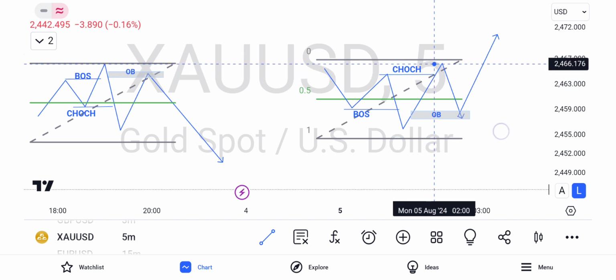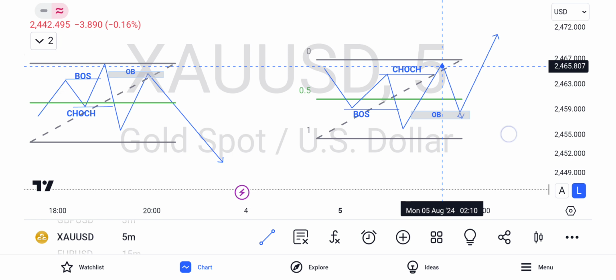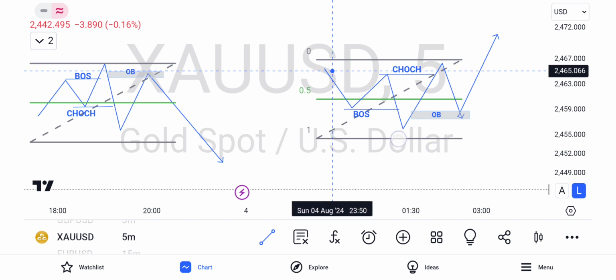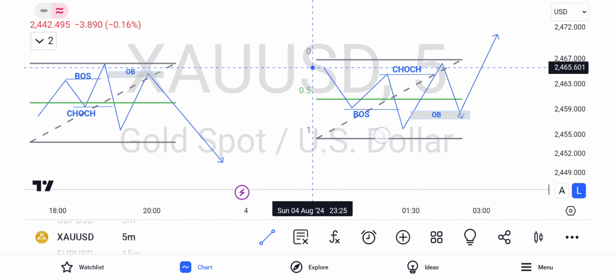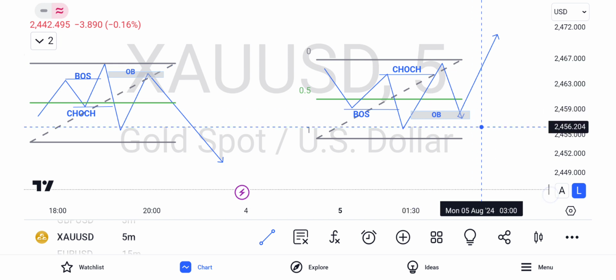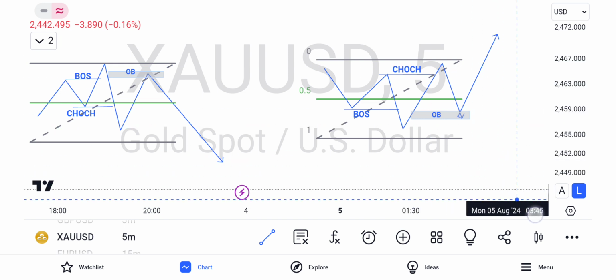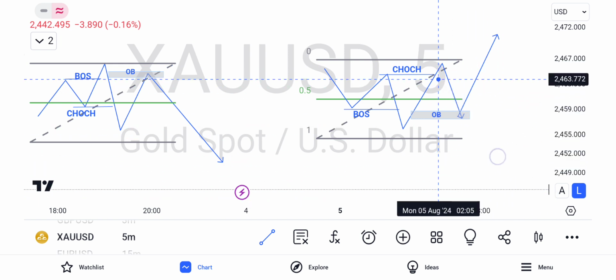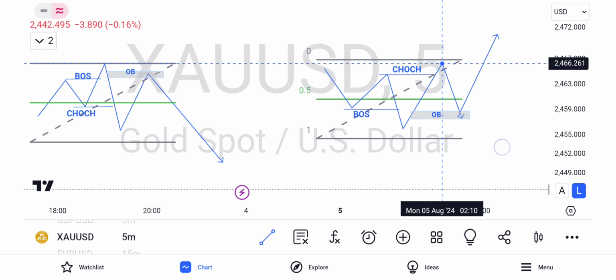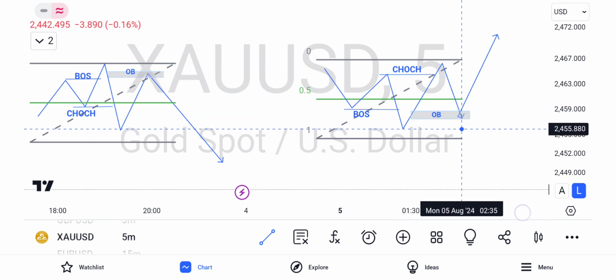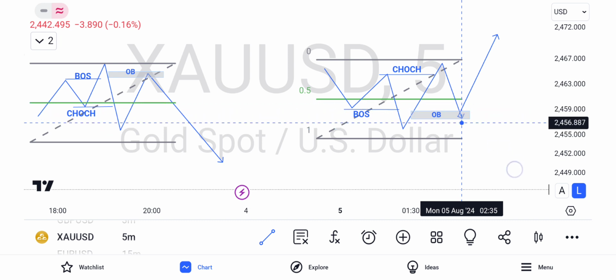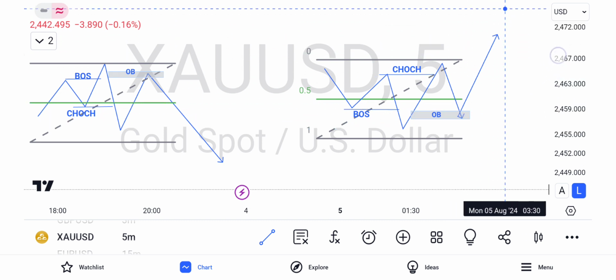If this change of character is influenced by an order block at this axis, price will trade and continue upward. But if this retracement is not influenced by anything, just know that price will look for a reason to trade downward.